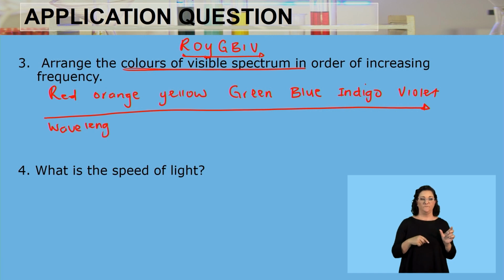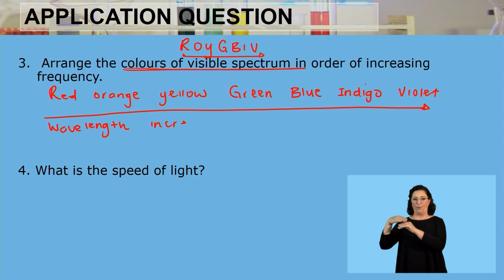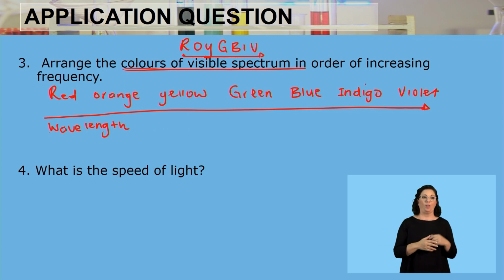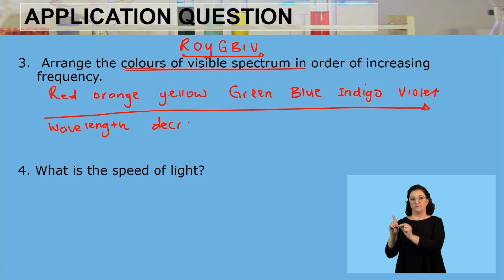As you're moving from red to violet, wavelength decreases.